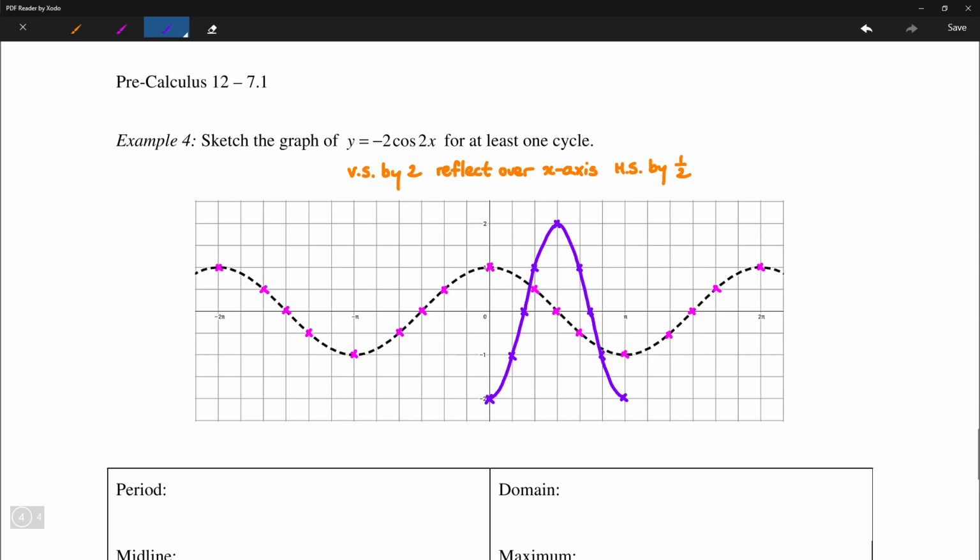And then on the other side, same thing. We'll just mirror the period that we already drew to the negative side. And this will be y equals -2 cosine 2x.